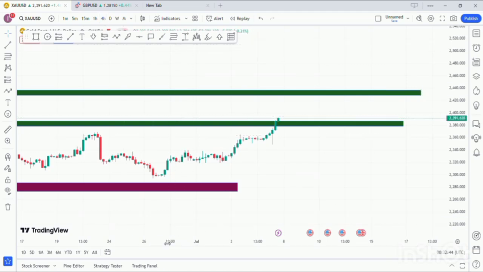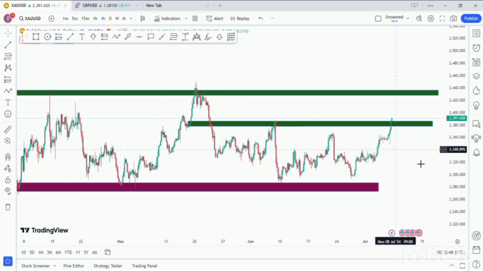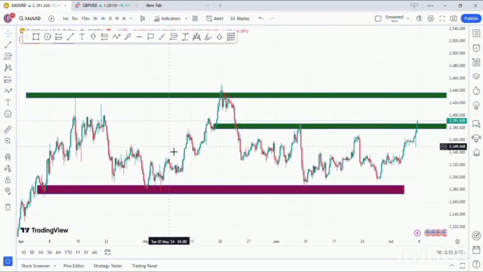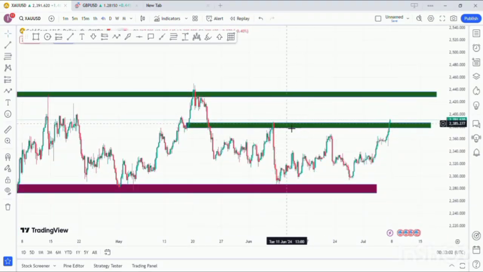Alright guys, so this is the 4 hours time frame for XAUUSD. As you can see, just like we said on the daily time frame, price has been ranging in between this resistance zone and the support zone right here, and this is a very valid support zone. So right here you can see that this was a valid resistance zone that was a previous support, and then price broke out of it, turned it into a resistance zone.